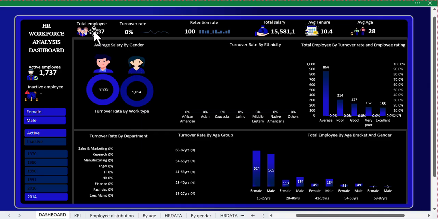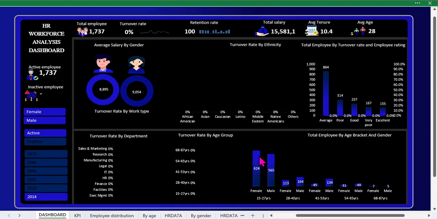We can see 1,737 total employees, correlating with the active employee count we saw earlier. The turnover rate is 0% because they are all still in the company, and retention is 100%. So there's no turnover rate in the departments. All departments are showing 0% because none has left. Same thing for ethnicity.